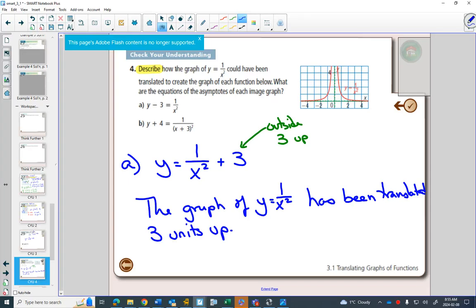So what are the equations of the asymptotes on each image graph? So this is our image. This was our original. On our original, I'm going to take out my red pen here. I'm going to label y equals 0 as the horizontal asymptote. And I'm going to label x equals 0.